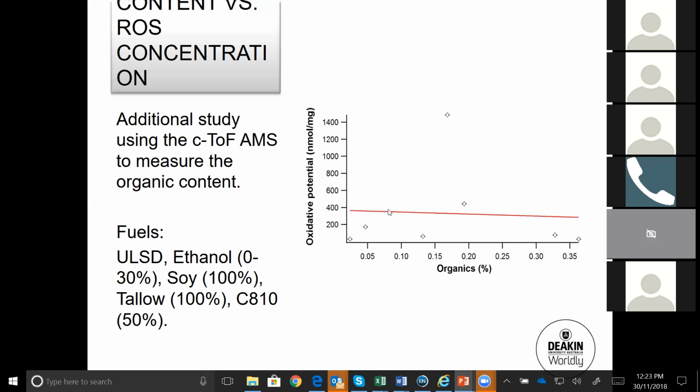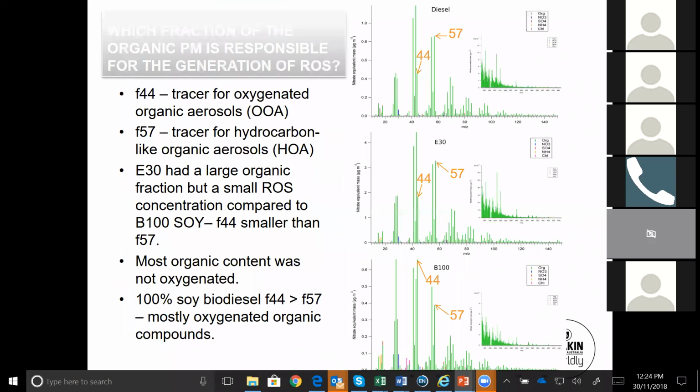It was all over the shop. That was confirming the previous finding that it is not the entire organic fraction responsible for the ROS and the oxidative potential, but that there is a subfraction of the organic fraction that is carrying this toxic potential.